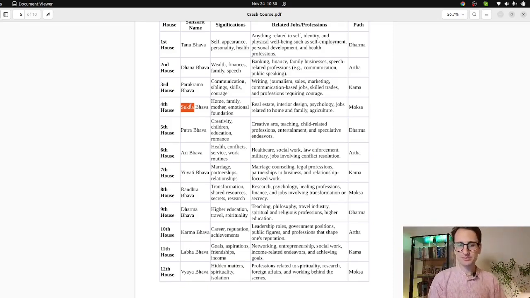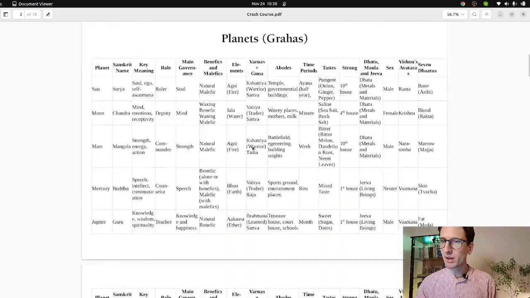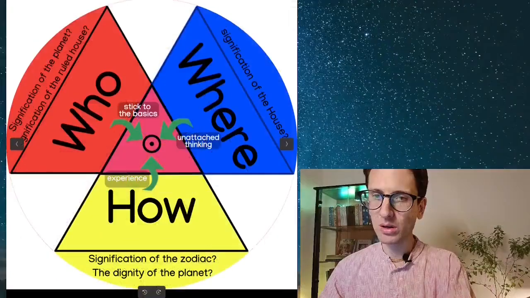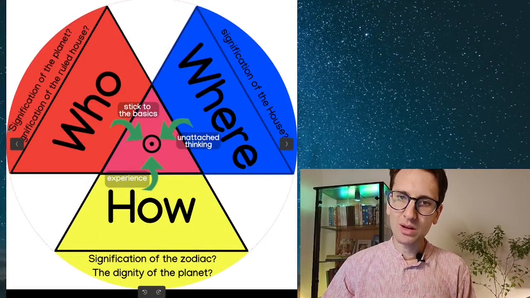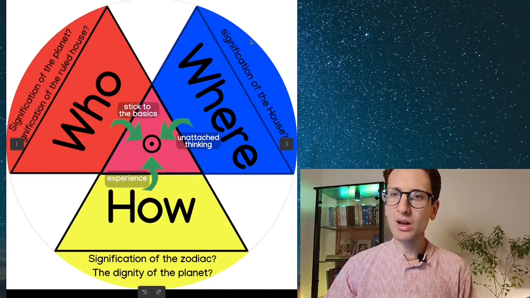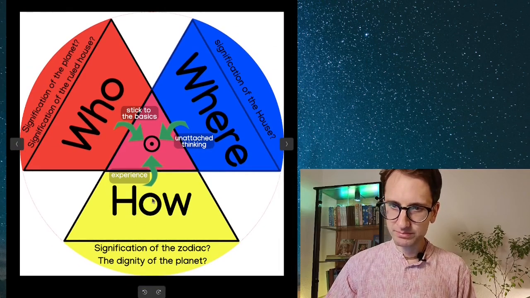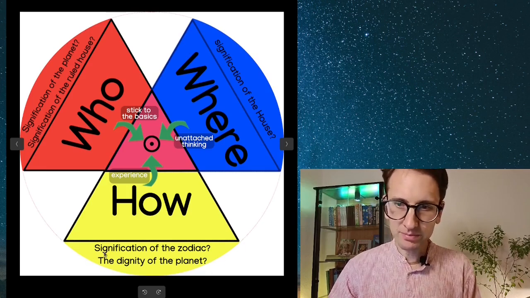All right. So these are the houses. We have to keep in mind, when we go back to our diagram here, which planet, which house ruler we are dealing with, and then in which house this ruler is placed, and how it happens. So one big thing is the dignity of the planet.